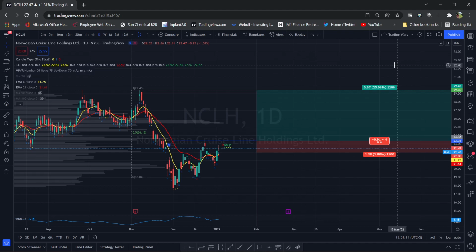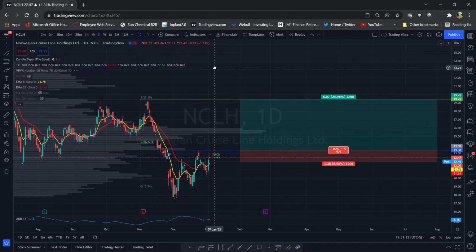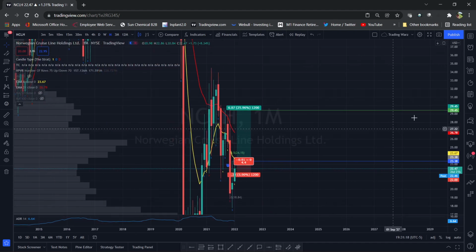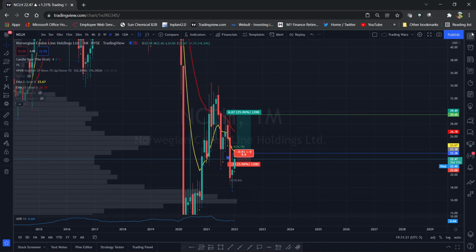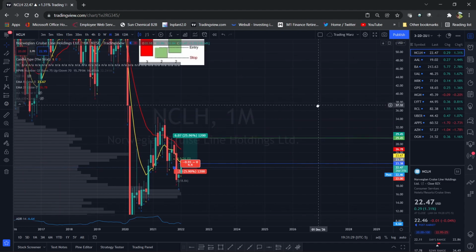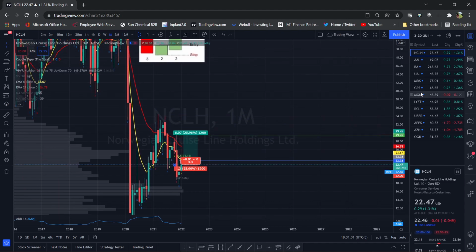Let's move on. Okay, so that is my first play that I looked at. Oh, and one of the reasons most of my scans came up with either travel, a couple of health names, but most of it was travel.